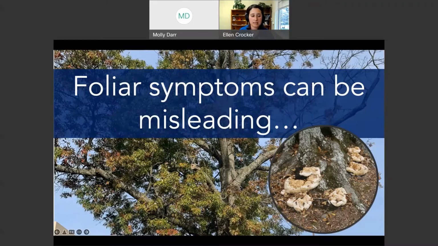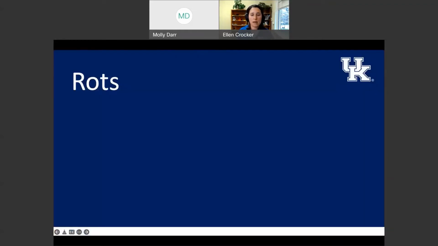And that's a kind of segue into talking about rots. This is a section where we could talk about this for a long time, and there are many, many different types of rots. A lot of what I'm thinking of are those wood decay fungi, and there are different kinds, whether we're talking about fungi that impact the roots and the butt of the tree, or those that might cause rot of the heartwood.